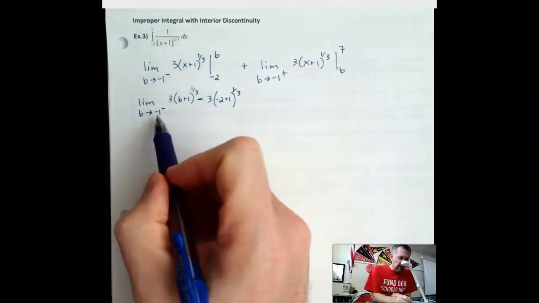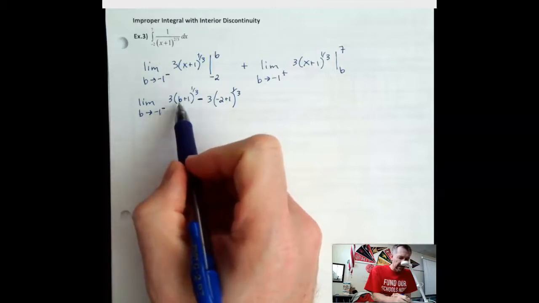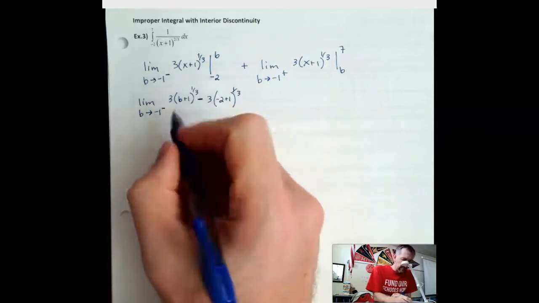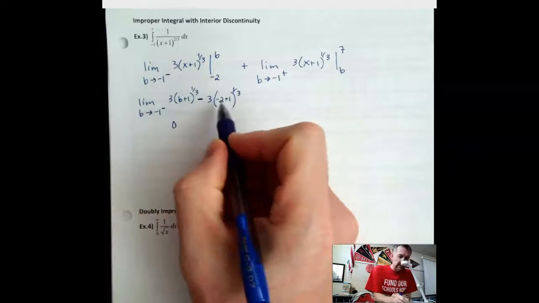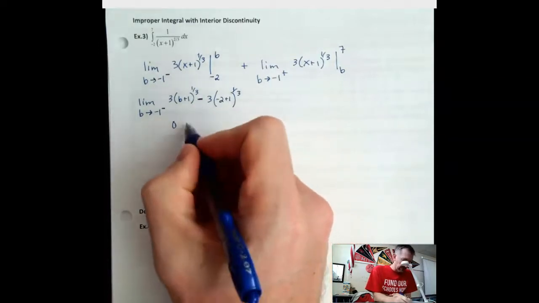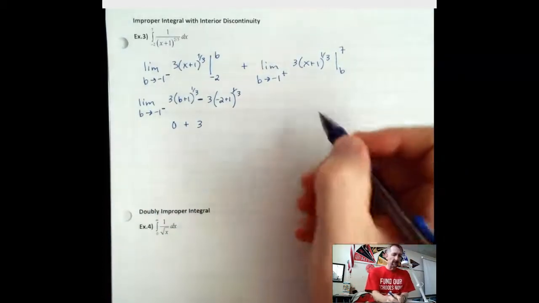So here, if b is approaching -1 from the left, that's going to be -1.0000000, etc. So that's going to be pretty much 0. So that's going to be 0. This is -1 to the 1/3. That's -1 times that. That's 3. So that's plus 3. Okay.